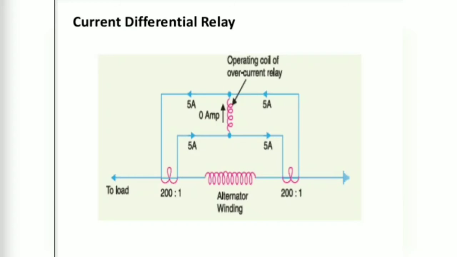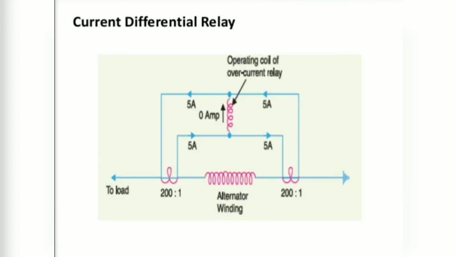Now let's check if a ground fault occurs on the alternator winding as shown in the figure. The two secondary currents will not be equal, and current flows through the operating coil of the relay, causing the relay to operate. The amount of current flowing through the relay will depend upon the way the fault is being fed.